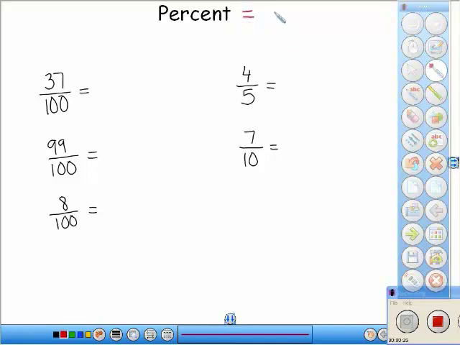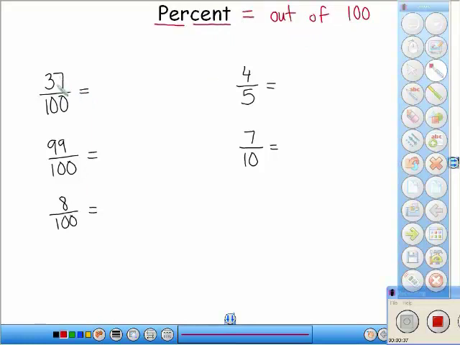Percent means out of what? Out of 100. The word literally translated, percent means for every: per means for every, and cent means 100, like centuries, 100 years, or there's 100 cents in a dollar. So percent kind of means out of 100.